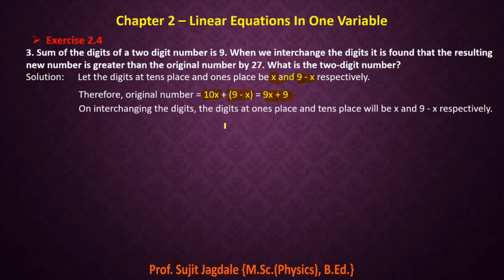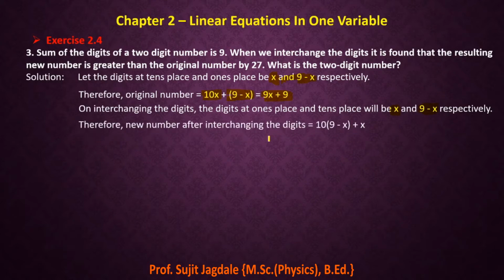Now we have to interchange the digits. After interchanging, the tens and ones places will be 9 minus x and x. The tens place digit x now becomes the ones place, and the ones place digit 9 minus x becomes the tens place.